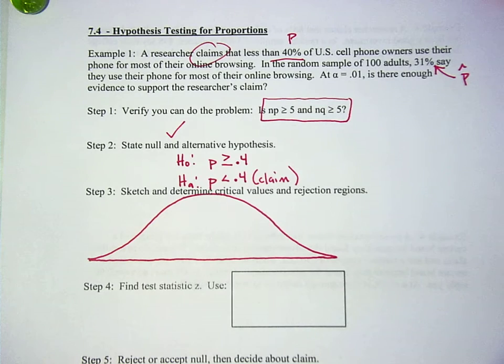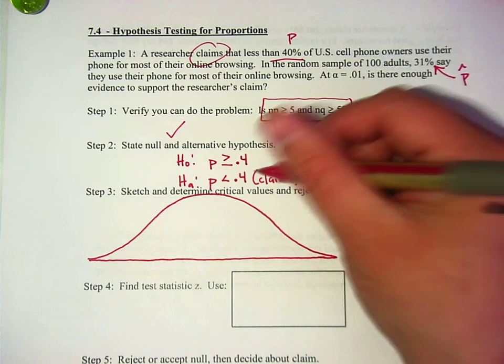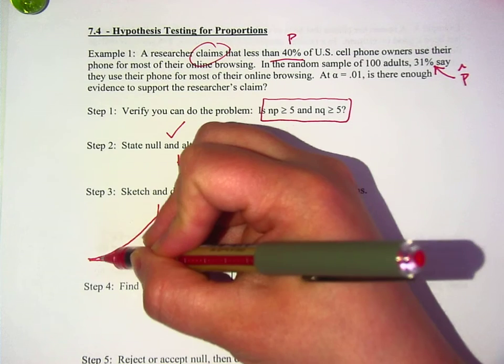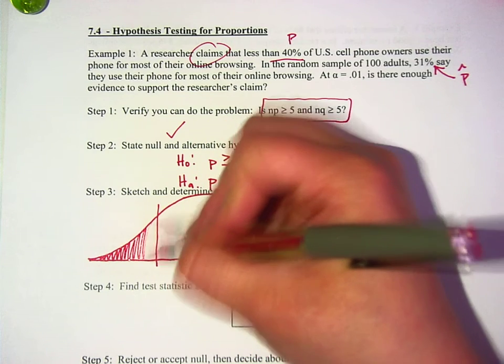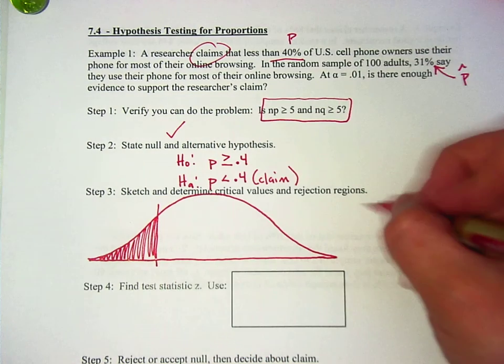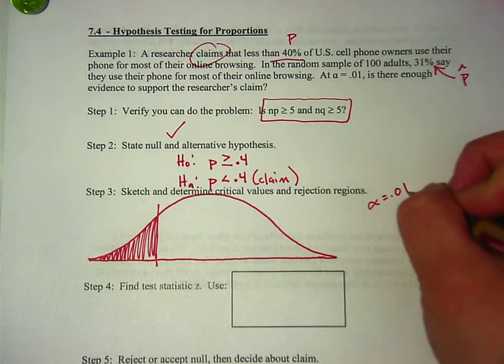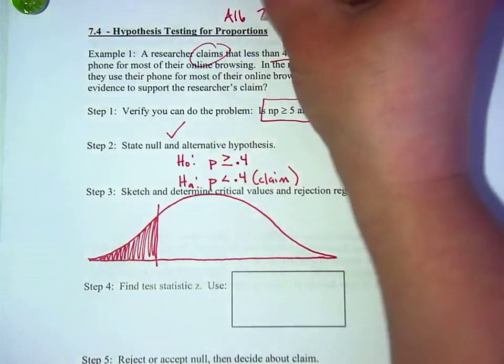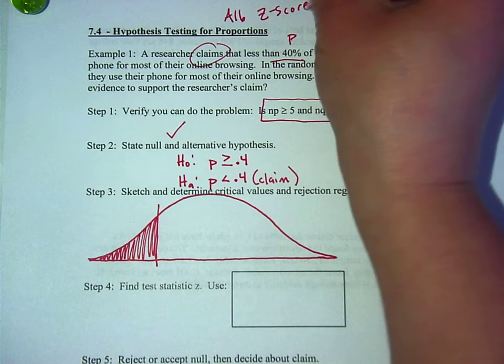Sketch and determine the critical values in the rejection regions. Okay. So this is a left-tailed test. I made this area too big because alpha is 0.01. With proportions, you use z-scores with it, not t-scores with it.